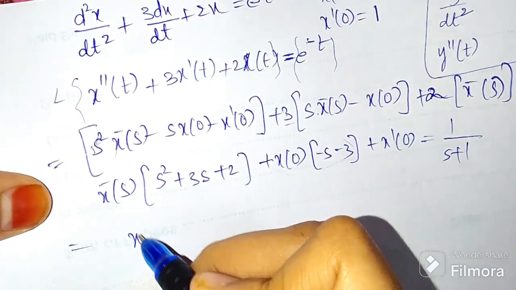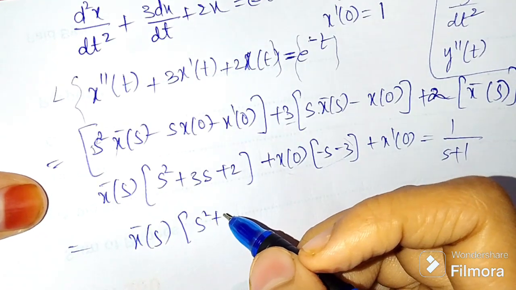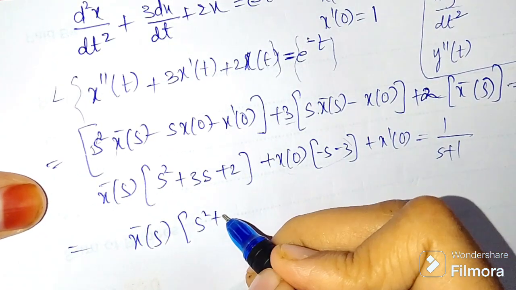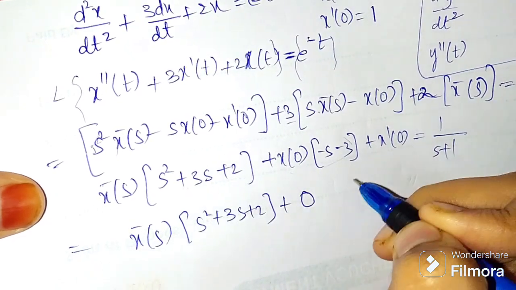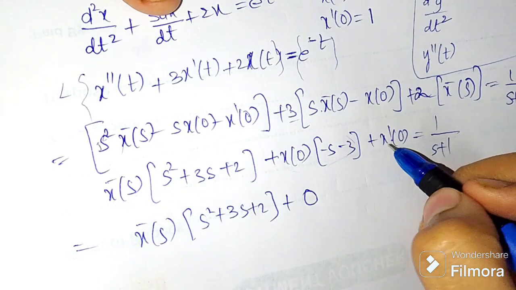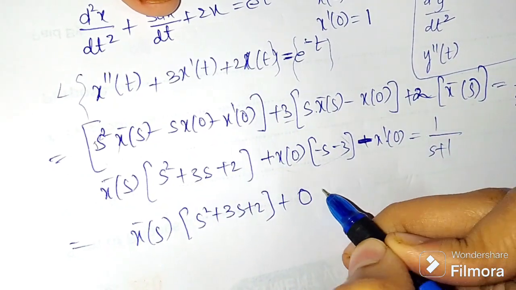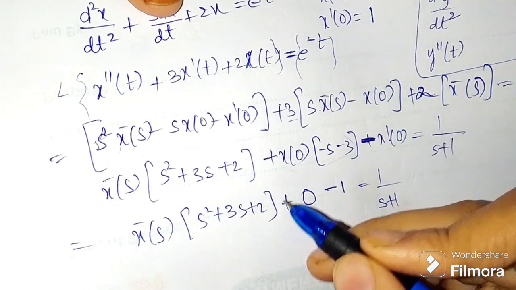So s square plus 3s plus 2. This will be 0. This will be 1. So this is minus x dash. Minus 1 is 1 by s plus 1. So shift it that side.